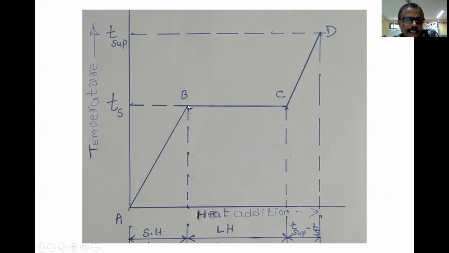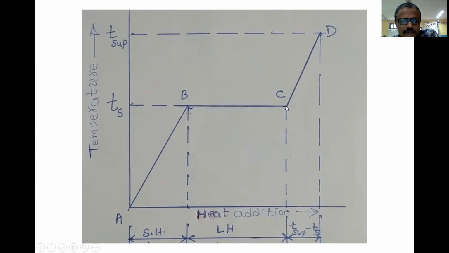Now continue the heating of this water at saturation temperature. You can see now the line BC shows that the temperature remains constant. The temperature remains constant because all the water is getting converted into steam during this stage.